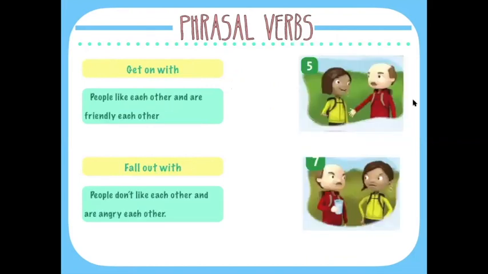Okay. We have get on with, fall out with. The meanings of these phrasal verbs are opposite. For example, get on with is when people like each other and are friendly with each other.